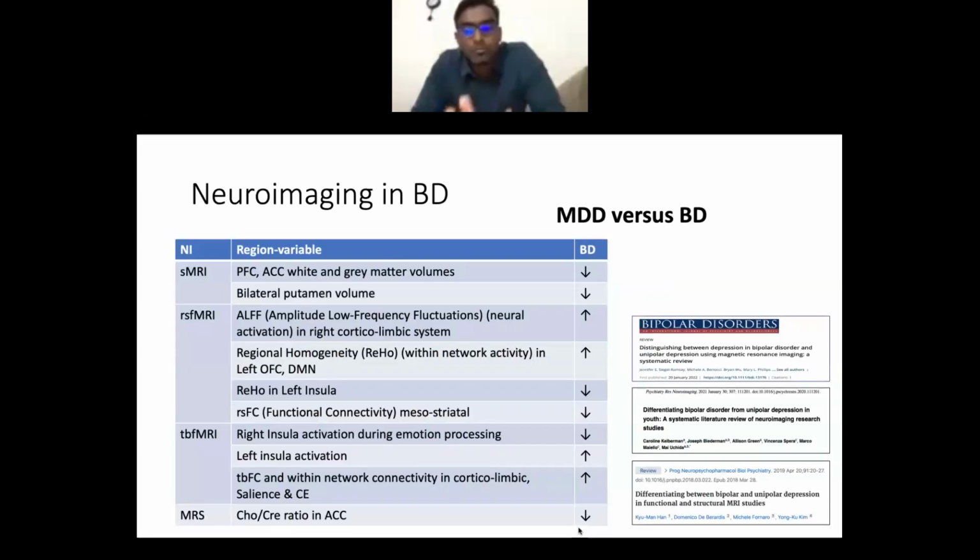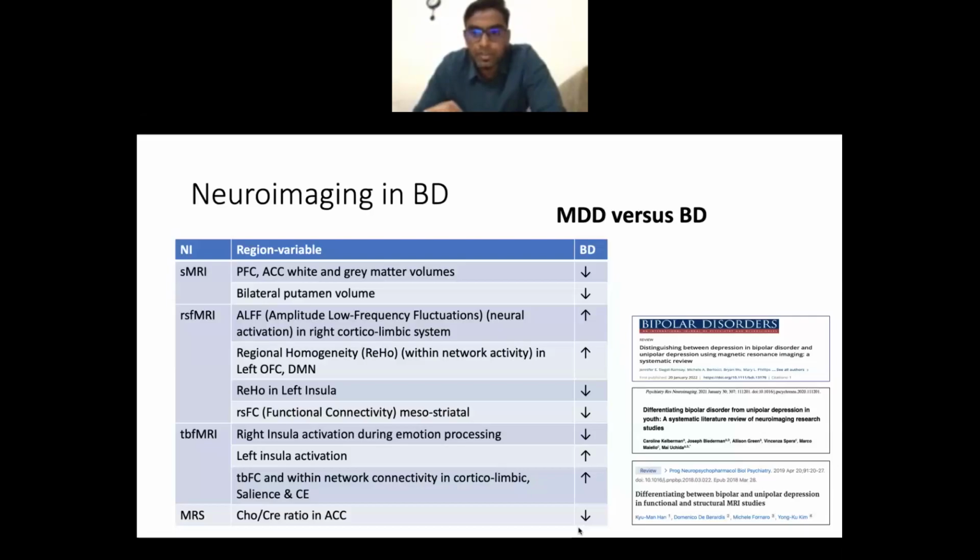There is more evidence from other sources, not just structural MRI, also from resting state functional MRI, where they say that the neural activation patterns in certain areas are higher than unipolar depression and lower than unipolar depression in certain other areas.